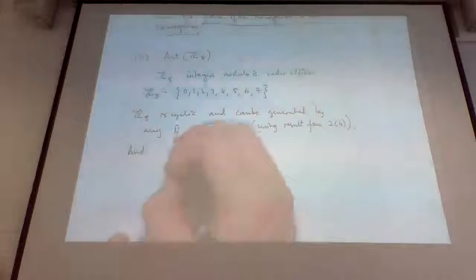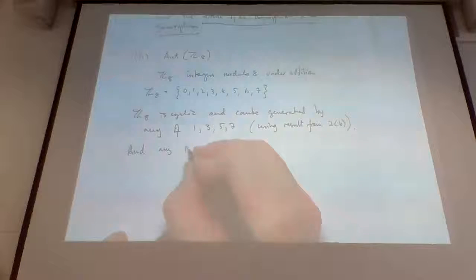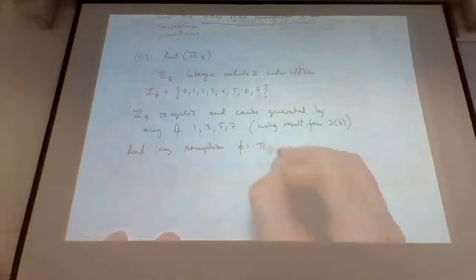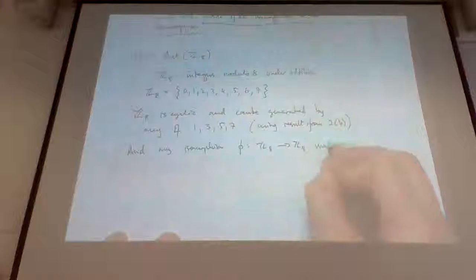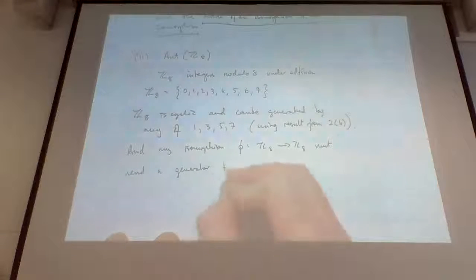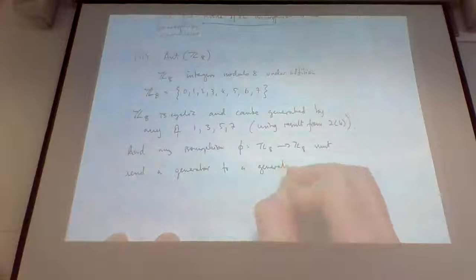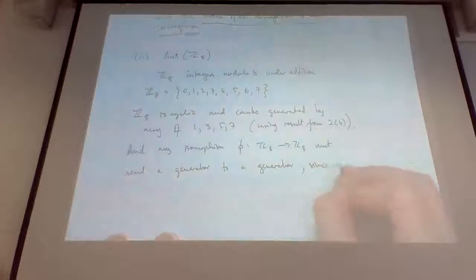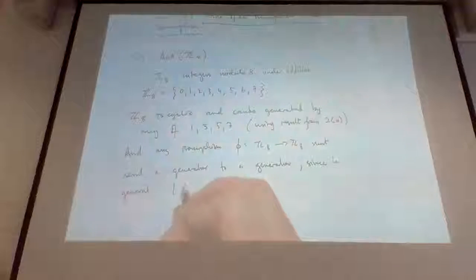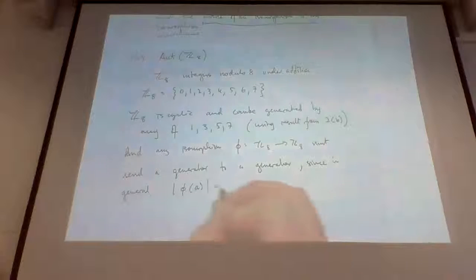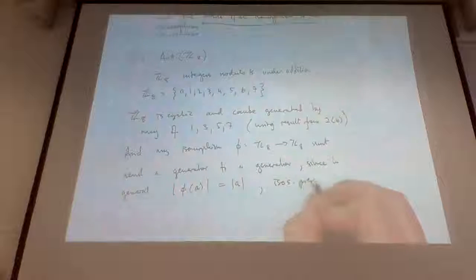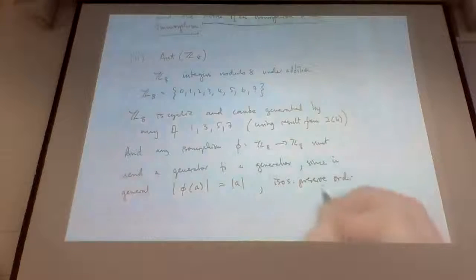And any isomorphism phi from Z8 to Z8 must send a generator to a generator. Since in general, for an isomorphism, the order of phi of A equals the order of A. Isomorphisms preserve order of elements.